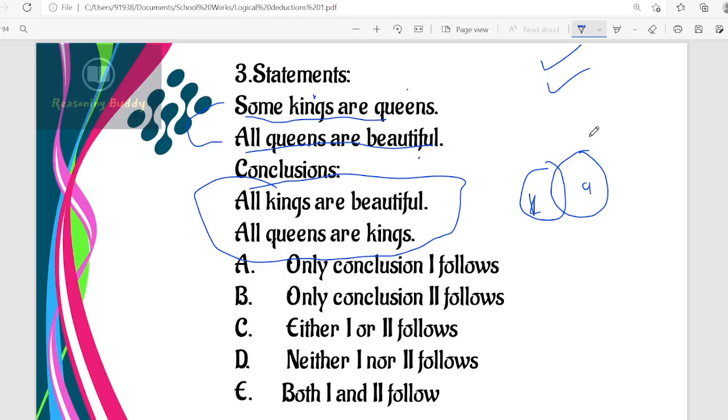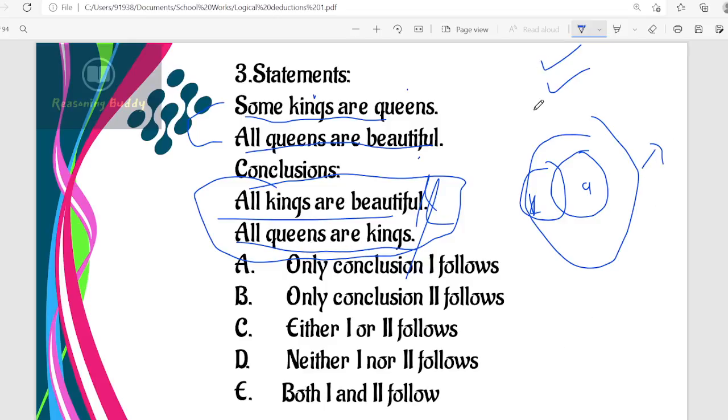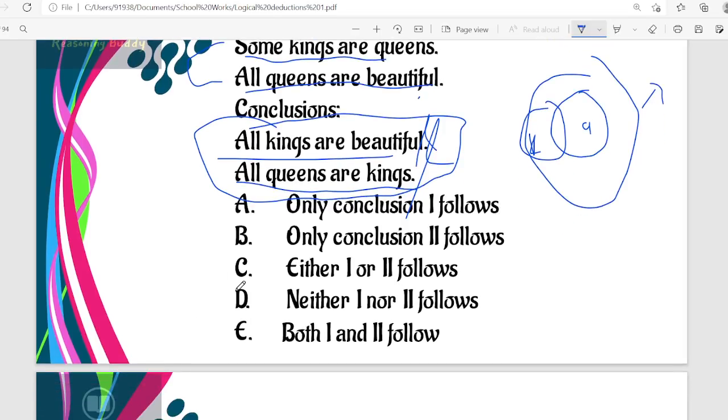All kings are beautiful is wrong. All queens are kings is also wrong. This is the general method. It takes time, but according to the rules I explained before, there will be no conclusion. The rules are much faster than the general method. So the answer is neither nor.